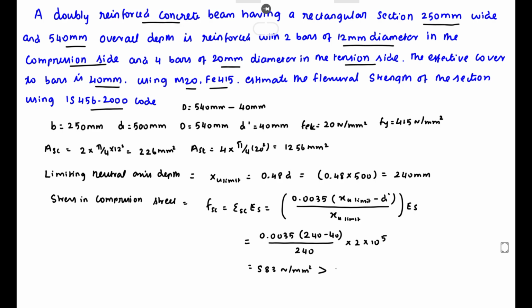This is greater than 0.87 fy, that is 0.87 into 415, which is equal to 361 Newton per mm square. So 361 Newton per mm square is the lesser of the two, so we take 361.